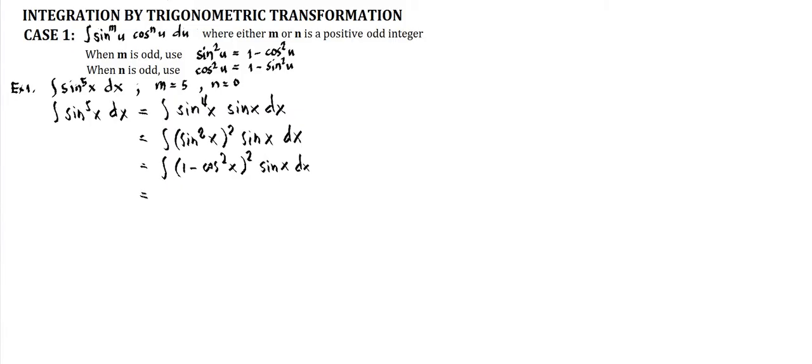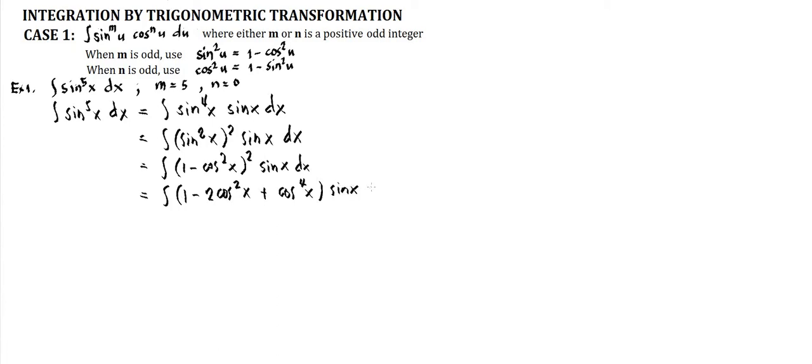Okay? Kaya i-expand natin itong 1 minus cosine squared of x squared. So, magkakaroon tayo ng 1 minus 2 cosine squared of x, and then plus cosine to the fourth of x, and then times sine of x dx.